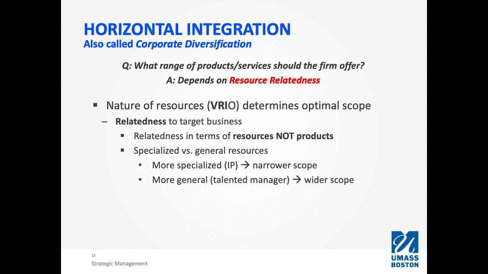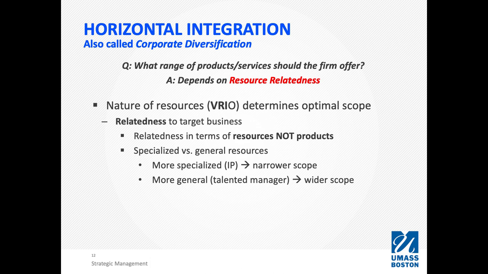You could use that same thing in a medical capacity. So in this case, the IP is a real resource that is fairly specialized that can only be used in a narrow scope. Alternatively, the resource relatedness could be about something different.